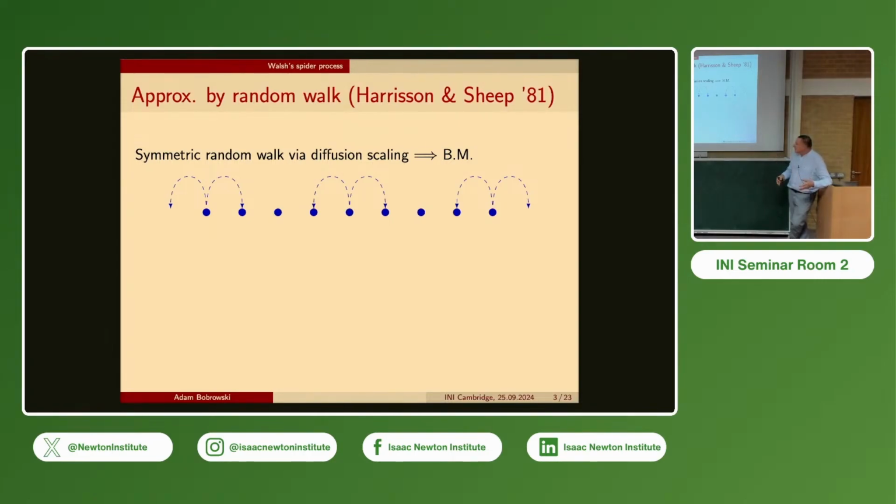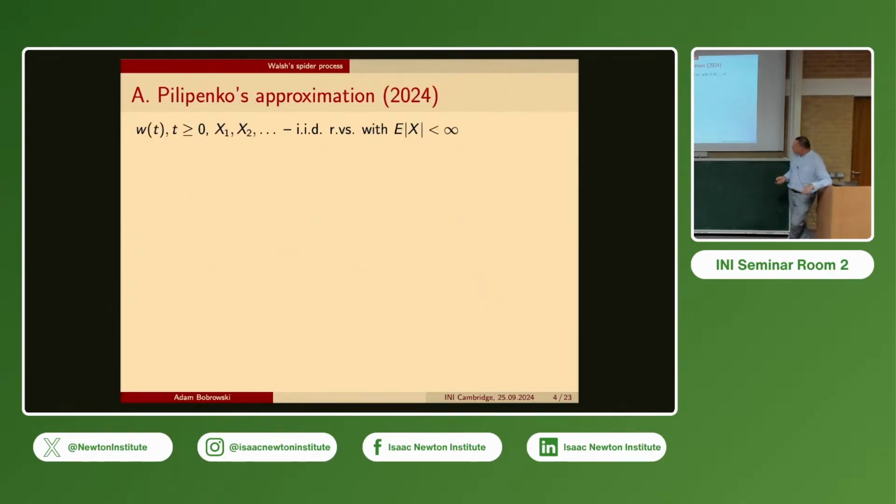And if we have diffusion scaling of this process, then we obtain a Brownian motion. Now, if we change this procedure just at one point, simply by requesting that at 0 we go to the right with probability alpha and to the left with probability 1 minus alpha, and everything else is the same, in the limit we obtain skew Brownian motion.